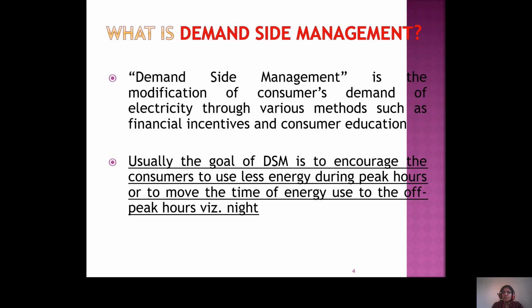If you want to run some non-essential equipment in peak time, you have to wait and use it in other hours. So you encourage consumers to use less energy during peak hours, or to move the time of energy use to off-peak hours, that is, the night hours.